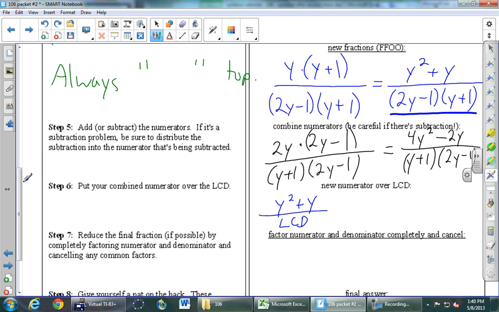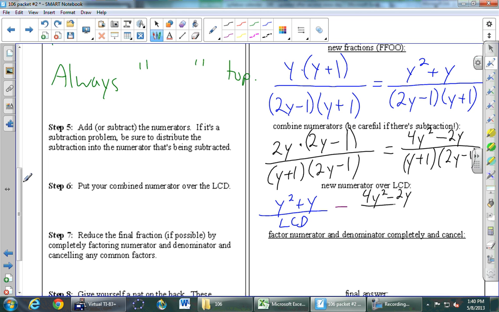That denominator right there is the LCD. How does it compare to this denominator? It's the same. So we'll just call it LCD. And then what was the next one? Then it was subtract the other fraction. This is now the black one. 4y squared minus 2y divided by what? The LCD.